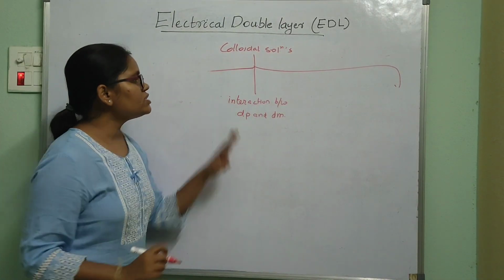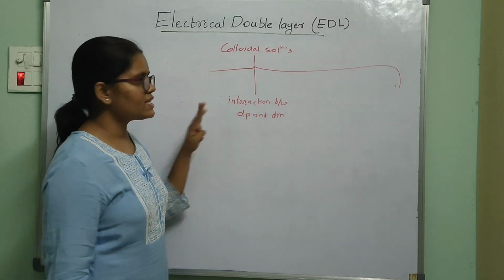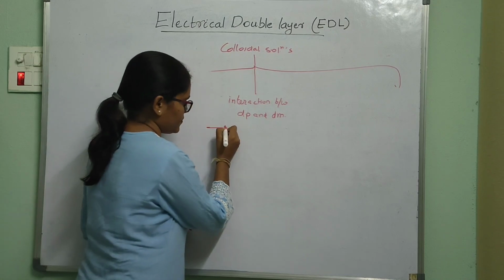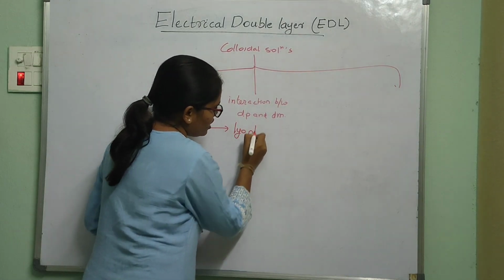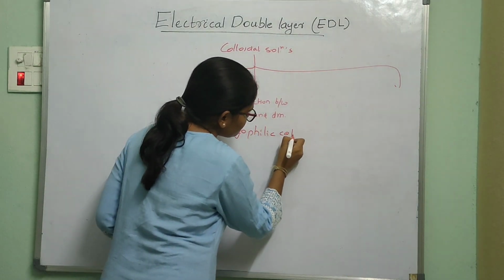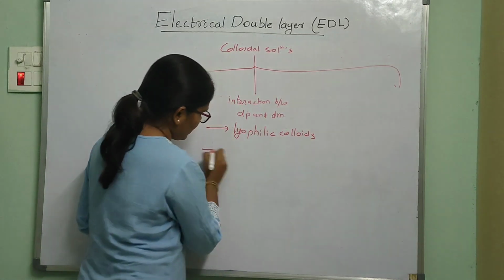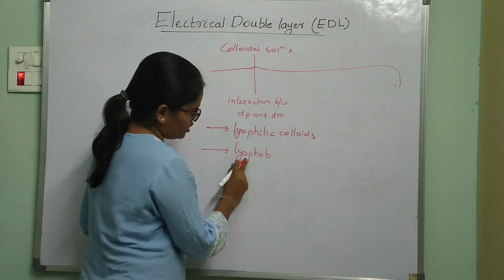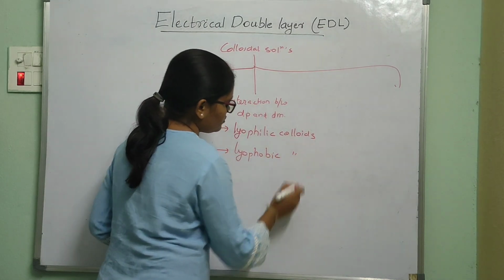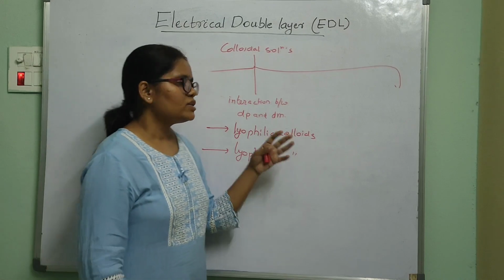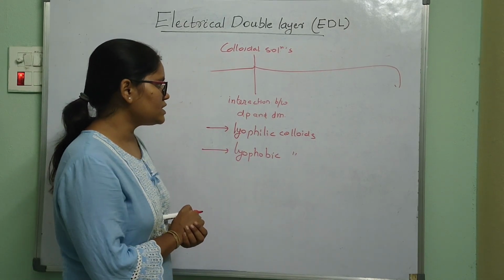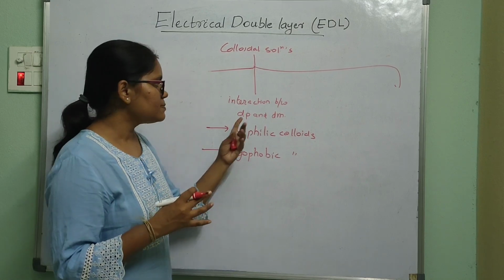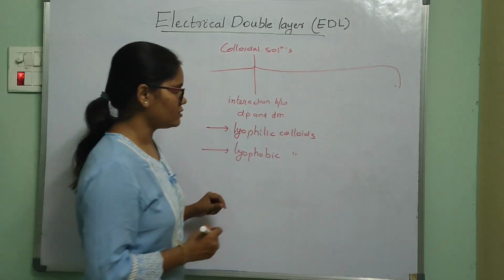Based on the interaction between dispersed phase and dispersion medium, colloidal solutions are classified into two types: lyophilic colloids and lyophobic colloids. Lyophilic colloids are those in which there are attractive interactions between dispersed phase and dispersion medium.